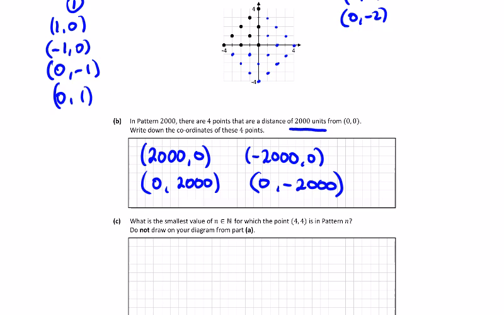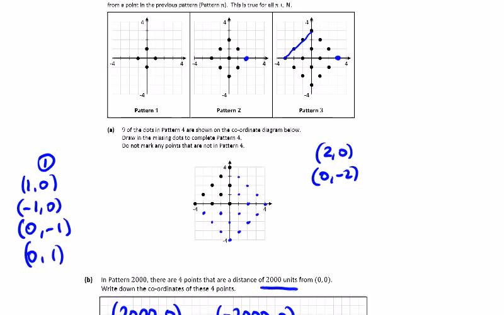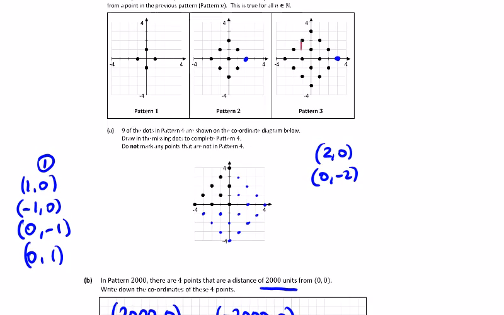The smallest value for n, out of natural numbers, for which the point 4, 4 is in a pattern. Well, let's go back and have another look. 4, 4, what's happening in these patterns? In pattern 2 we have the point 1, 1. In pattern 3 we have 2, 1 and 1, 2.